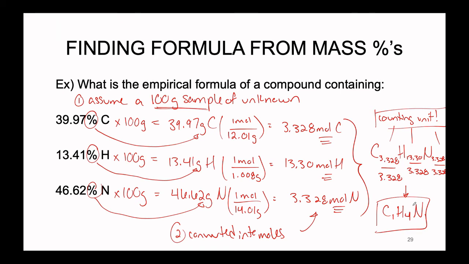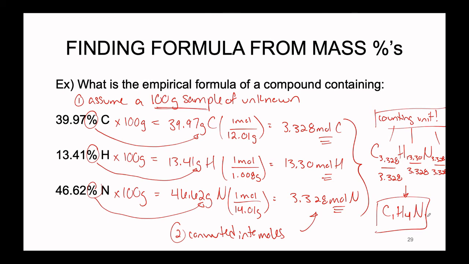And then last but not least, we reduced all of those down. So if we were starting with a sample that was 39.97% carbon by mass, 13.41% hydrogen by mass, and 46.62% nitrogen by mass, what we're really working with was a chemical formula that was 1 part carbon, 4 parts hydrogen, and 1 part nitrogen.